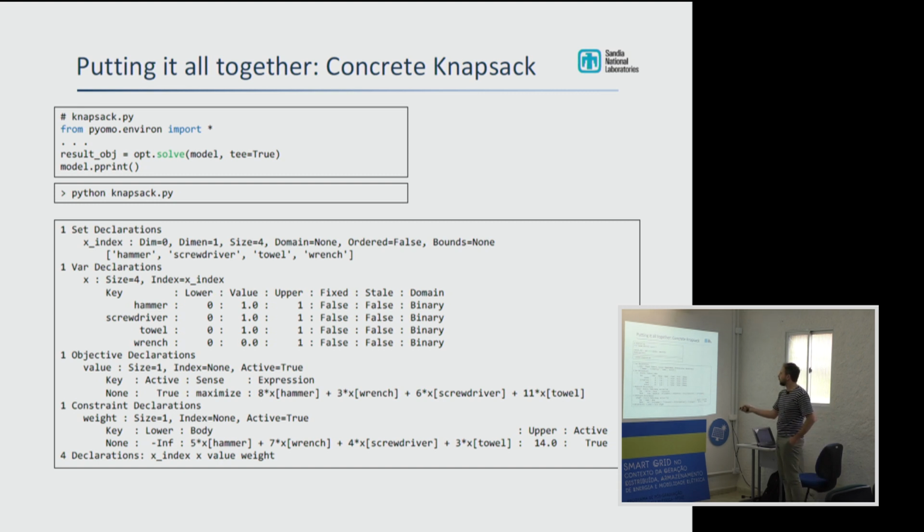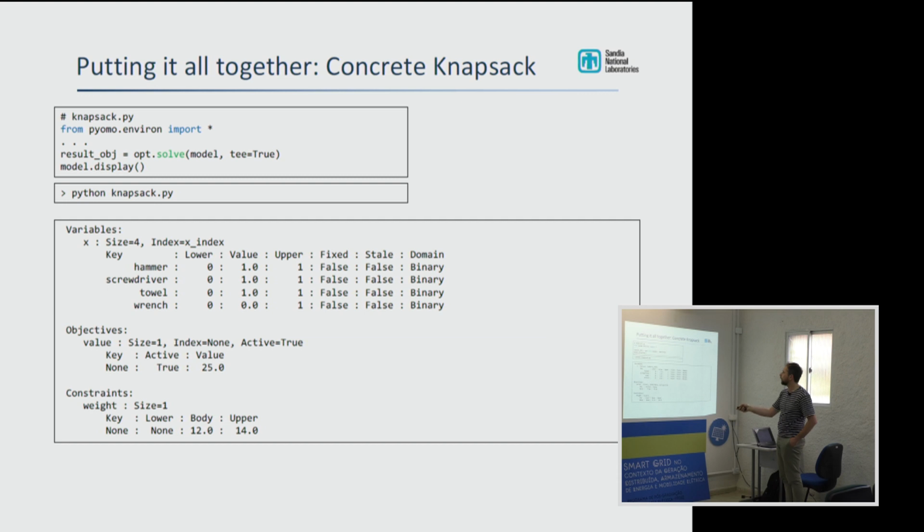There is a 0 for the branch, and we have this expression, which is okay. The value of the objective is not shown here. If I ask to display the model, the value of the objective is 25.